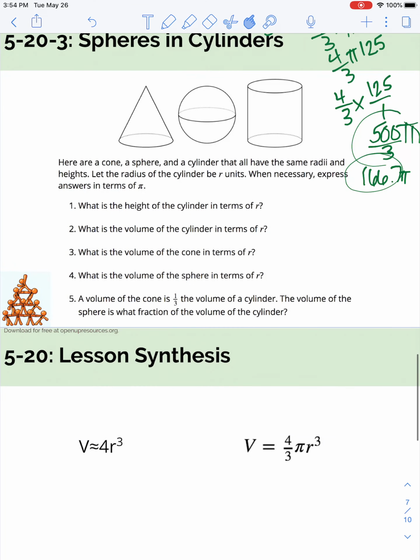Last activity, activity 3. This one's kind of confusing. I'll walk you through the whole thing. It might help some of you, it might confuse some of you. They're trying to just prove how the sphere formula came about one last time.